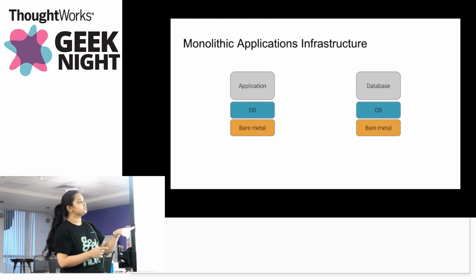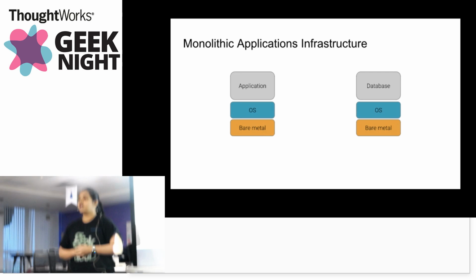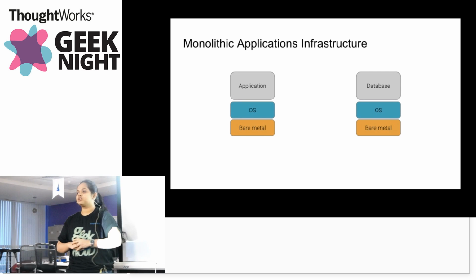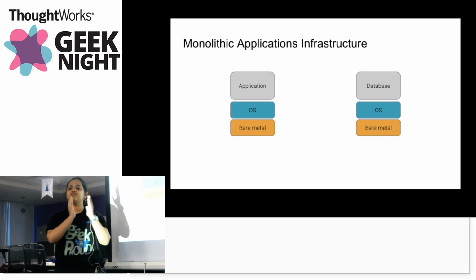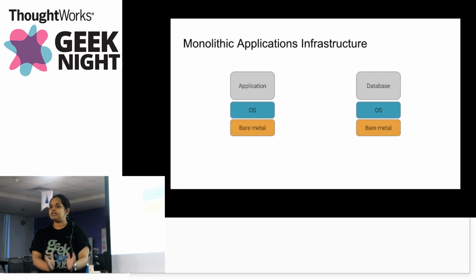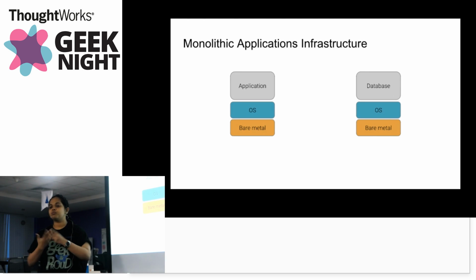In a structure like this, I will have to replicate the entire thing again. I will not be able to replicate just my web servers. Whereas if there was a way to have the web servers and the UI layer separate, and all the different services. Say, for example, it's an e-store.